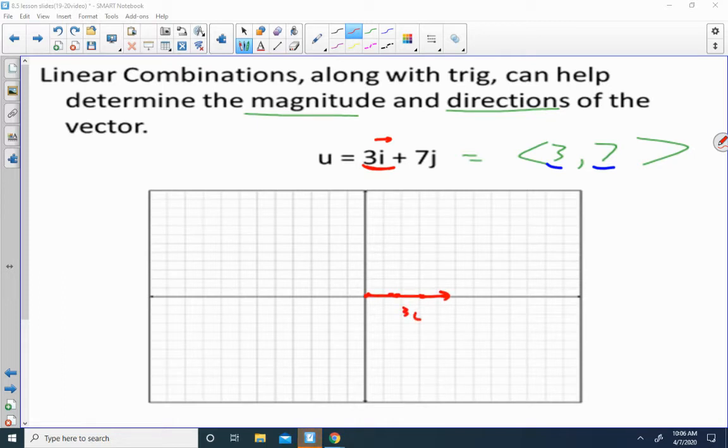So let that represent like 3i. And then, of course, the 7j, the j tells you to move 1 unit up, times the 7, that's 7 units up. So from here, let's go 7 units up. 1, 2, 3, 4, 5, 6, 7. That would be 7j.